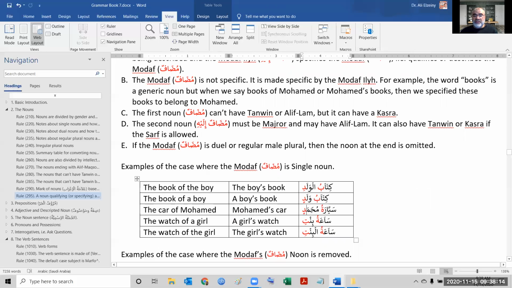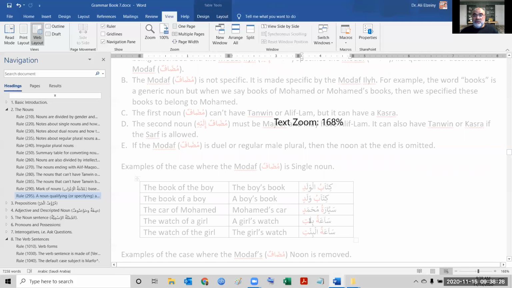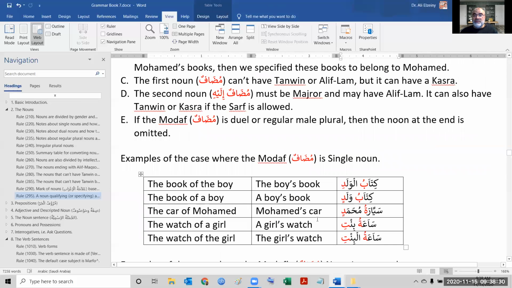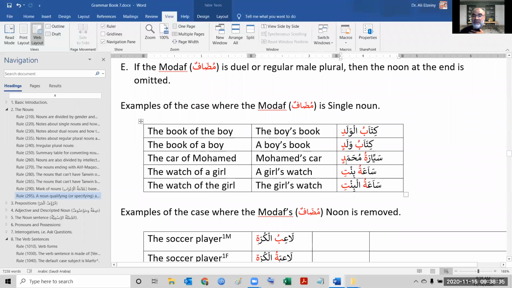So for example, here, the car is any car, but to make it specific, we're saying it's for Mohammed. Okay, and for Mohammed, sarf is not forbidden. So that's why we have tanween here. Sarf is allowed, and there's no alif lam.